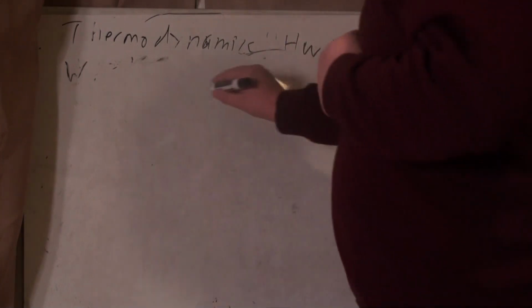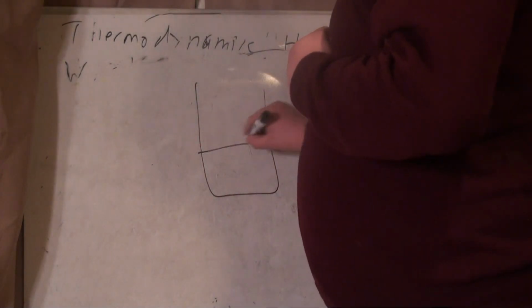Our first problem is you have 20 moles of an ideal gas, initially at 250 kPa and 300 Kelvin. You apply heat to the system to raise the piston of a piston cylinder apparatus. Okay, so I have a piston.